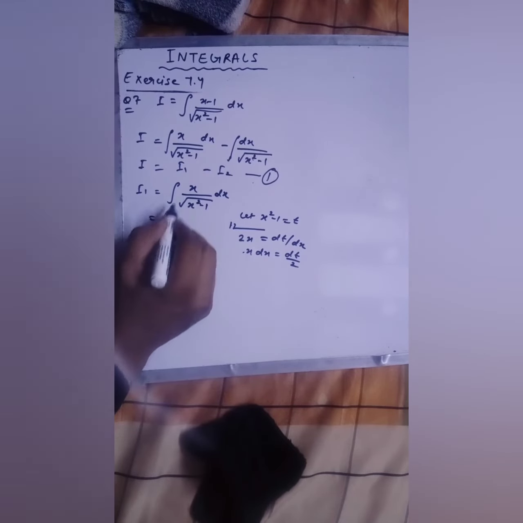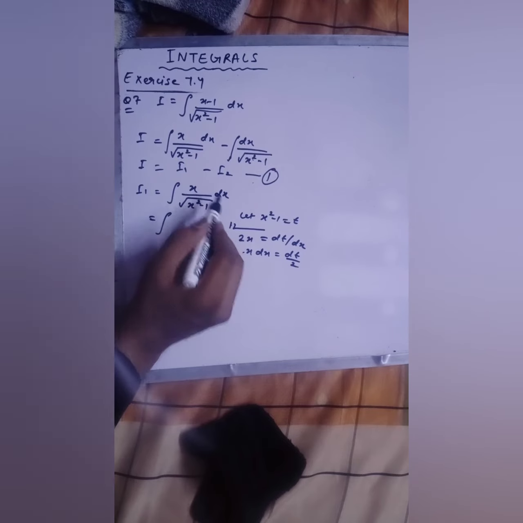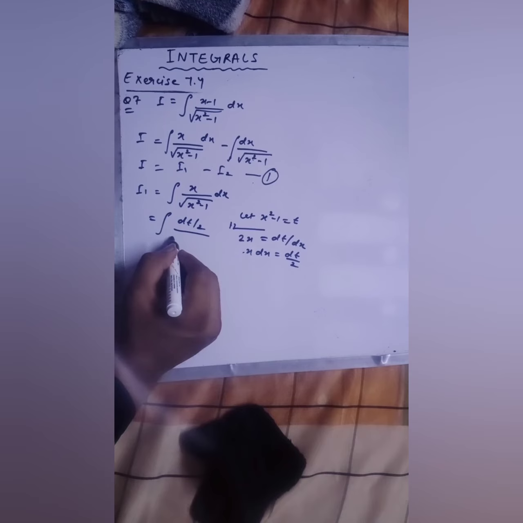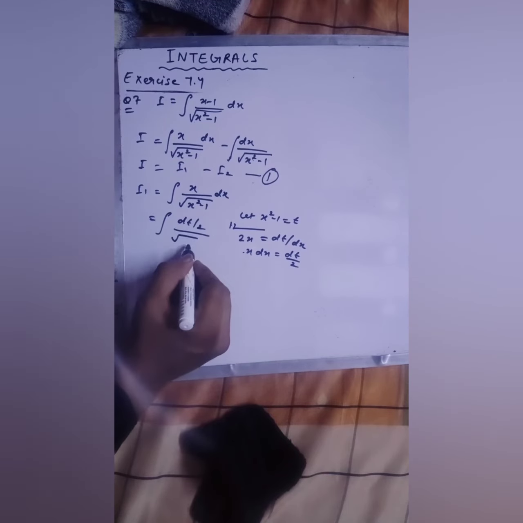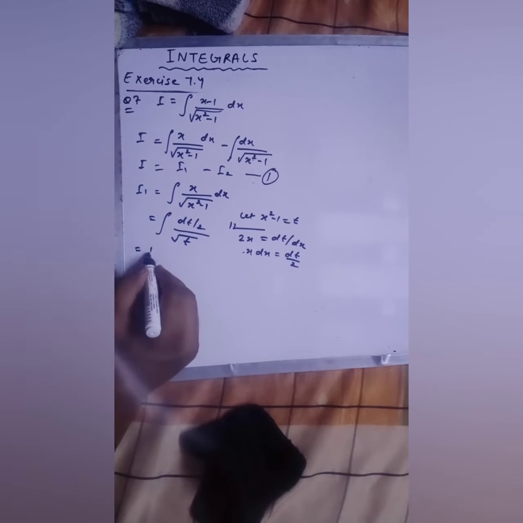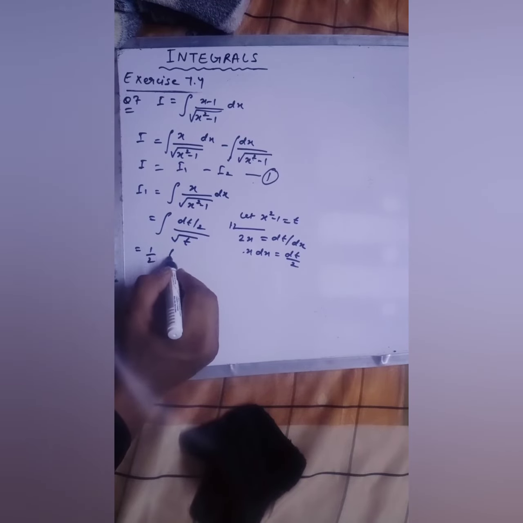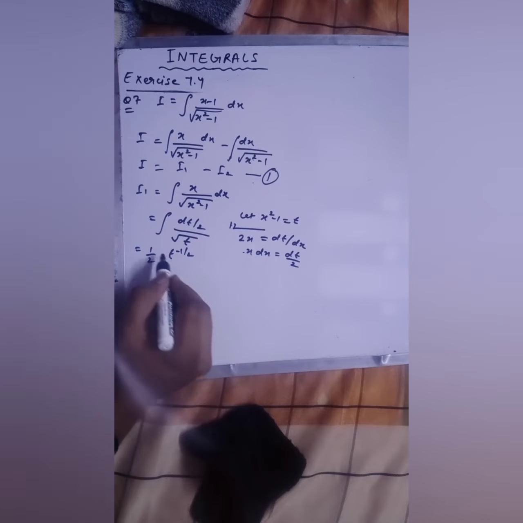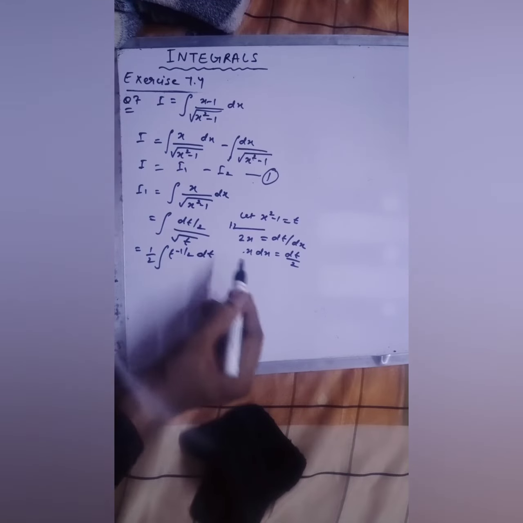So in the numerator, x into dx becomes dt by 2, over under root t, where t is x square minus 1. So 1 by 2 will come outside, and this would be t raised to power minus 1 by 2 into dt, since under root t is t raised to power 1 by 2 in the denominator.